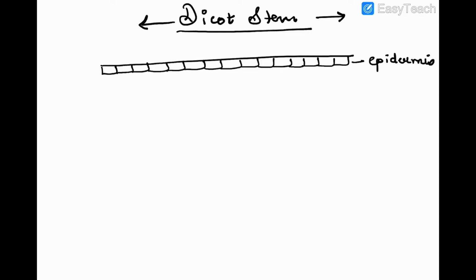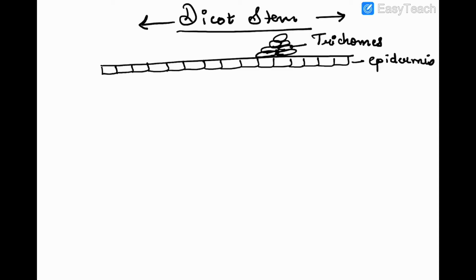Similar to roots, where epidermis gave some projections known as root hairs, in stem the epidermis gives some projections, and these projections are known as trichomes.